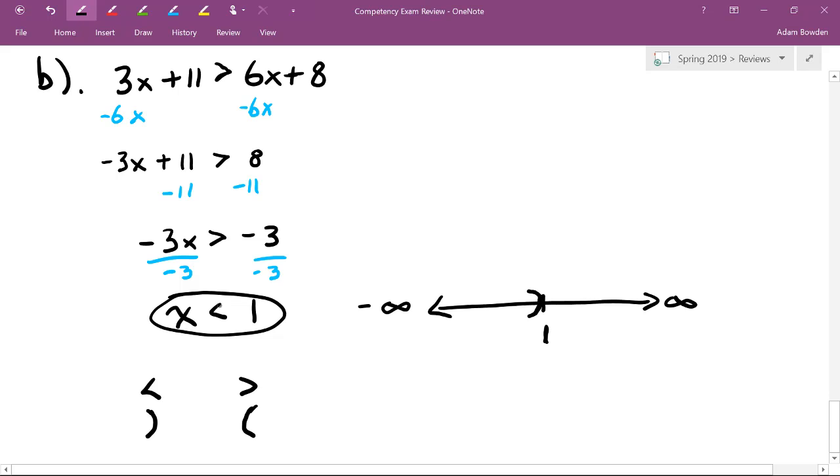Since this is pointing toward the left with less than, I'm going to shade and indicate that everything is on the left side of the number line, heading toward negative infinity. When I write this in interval notation, I start with negative infinity since it's on the left, and then I put comma 1, and both of those get enclosed in parentheses.